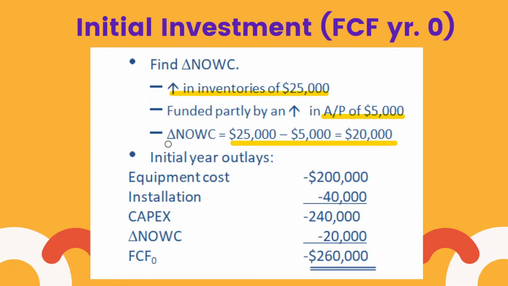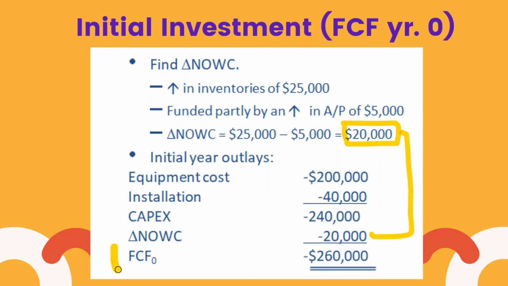That represents changes in the net operating working capital, which is an investment in short-term operating assets, net of short-term operating liabilities. The net investment of $20,000 is also a cash outflow at time zero, so we will include this $20,000 as part of the initial cash outflow.